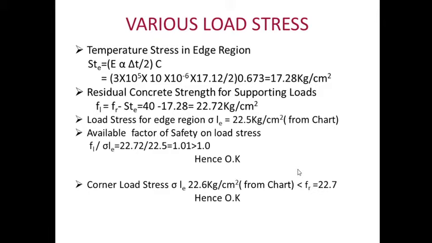So the residual concrete strength for supporting load is 40 minus 17.28, which is 22.72 kg per centimeter square. Then another is load stress for the edge region, and another is load stress for the corner region.